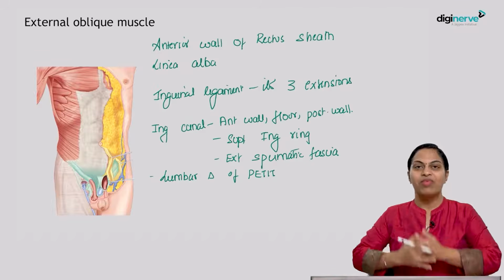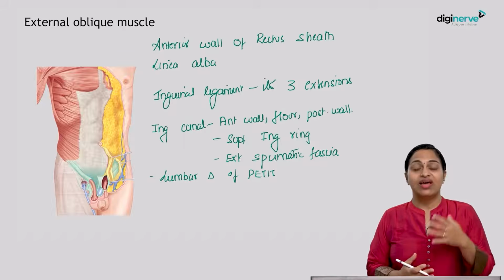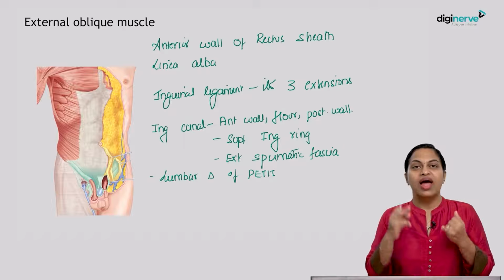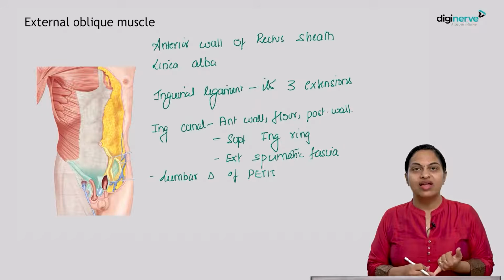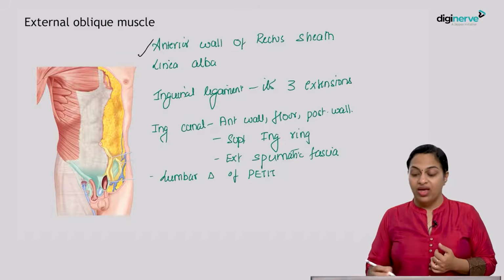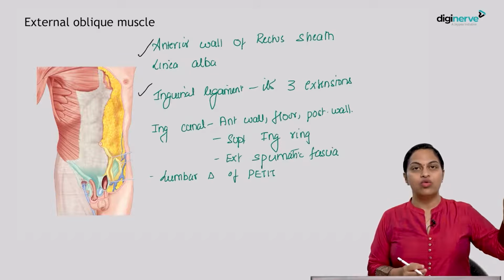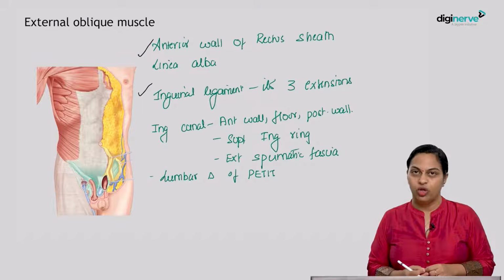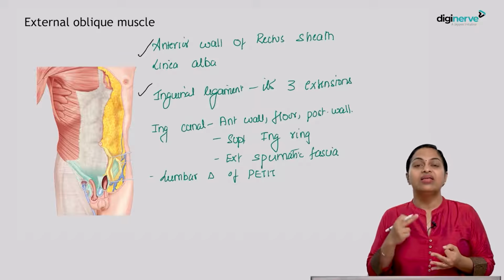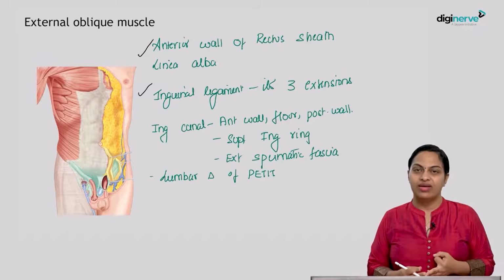To summarize, we'll recollect the external oblique aponeurosis in relation to the rectus sheath: the anterior wall of the rectus sheath, its medial margin, the linea alba, right? The inguinal ligament from the anterosuperior iliac spine to the pubic tubercle and its three extensions, the lacunar ligament, the pectineal ligament and the reflected part of the inguinal ligament.